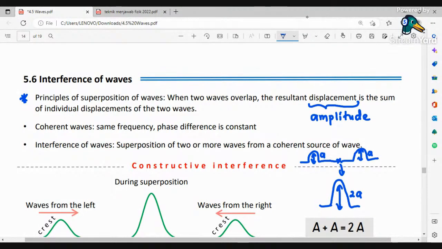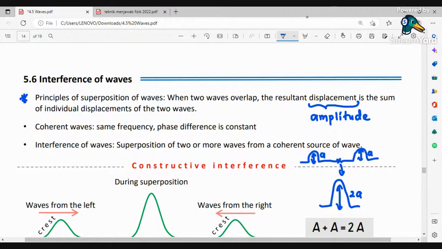And let's look at the important terms, something like coherent wave. Coherent wave, we have two waves like this. Two coherent waves means waves that have the same frequency and constant phase difference.